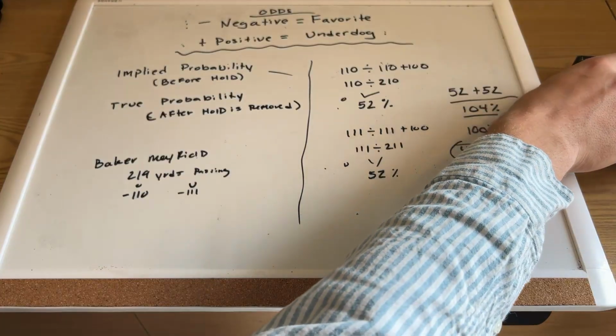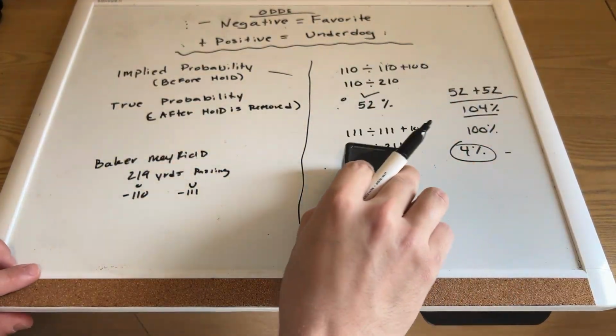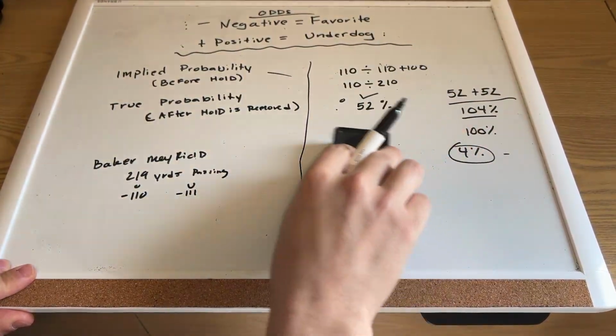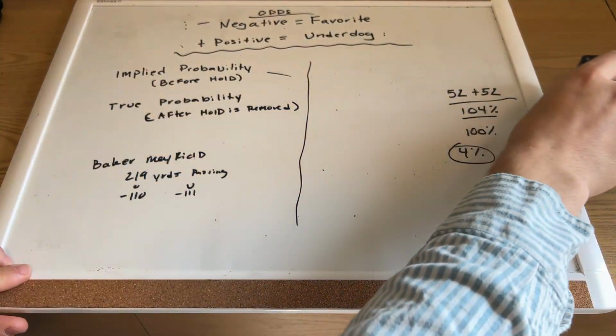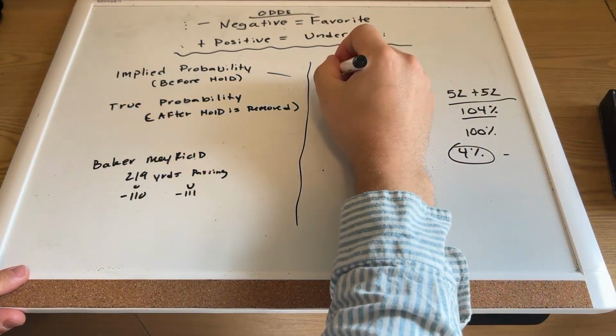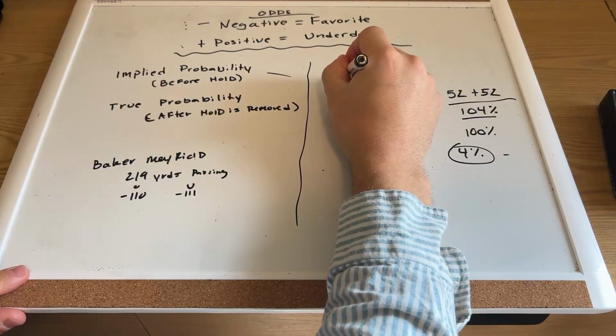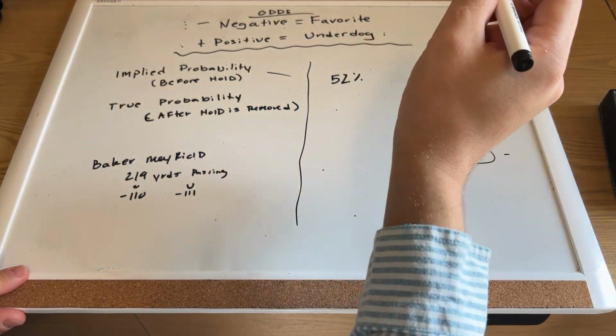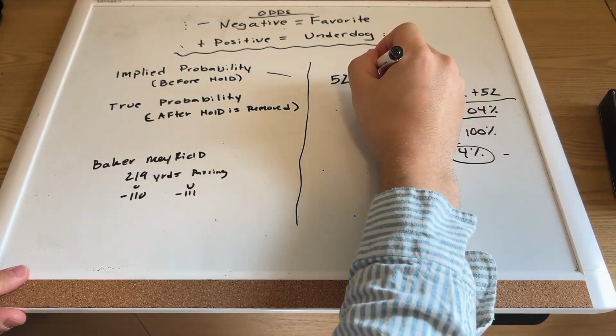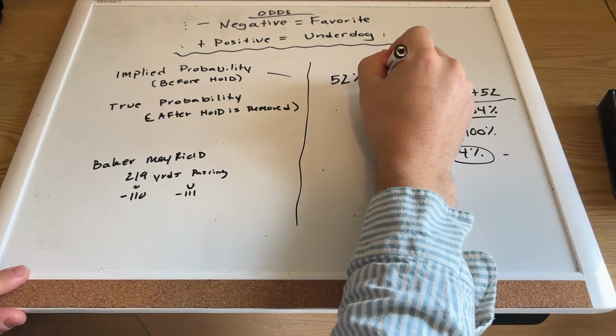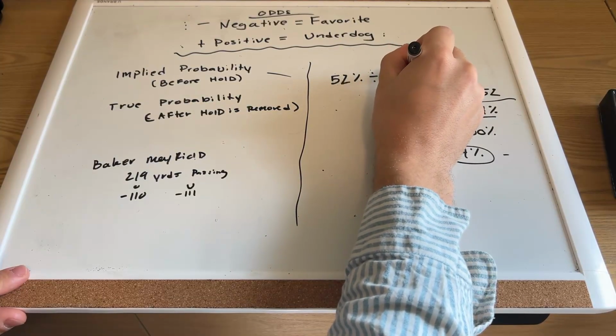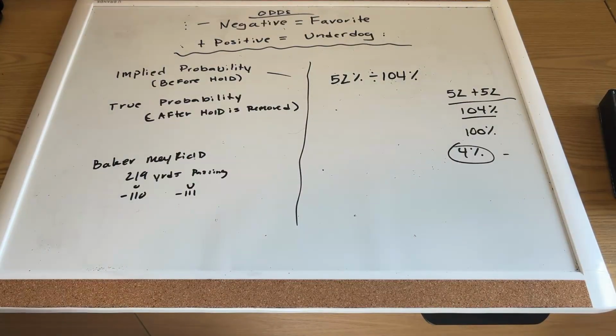So what you're going to do is take 52% and divide that by 104%.